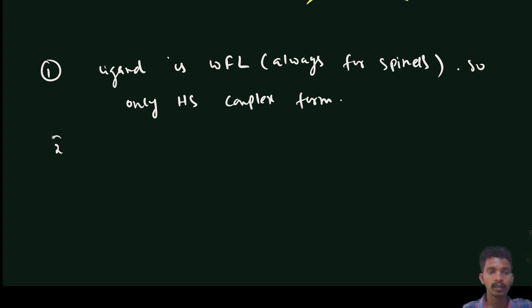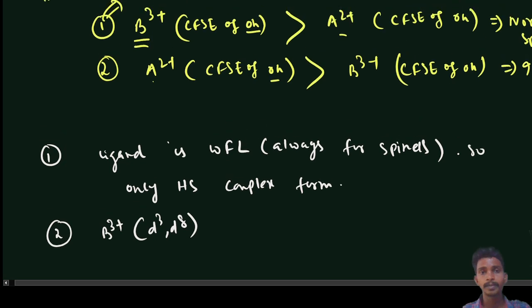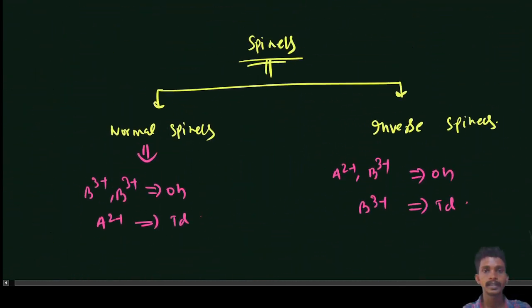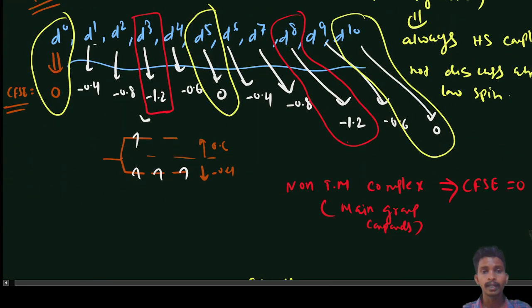Okay, so now if B3+ has a high CFSE, then it will go to octahedral, and in that case, this is the normal spinel. D3 and D8 are generally the configurations with high CFSE.